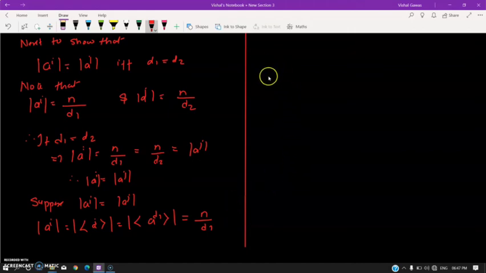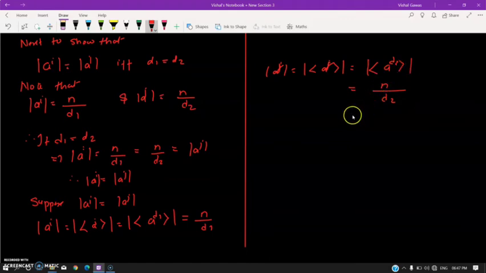And the order of a raised to j is the same as the order of the subgroup generated by a raised to j, which is the subgroup generated by a raised to d2. I hope you can make out j. This is the same as this, and the order of this is n by d2.